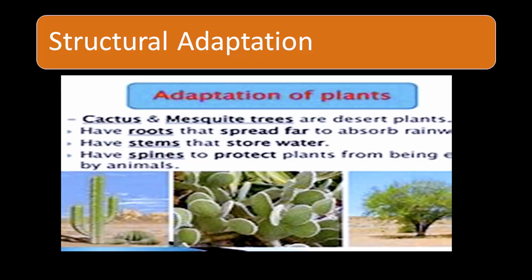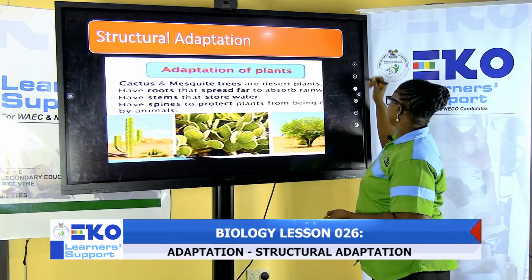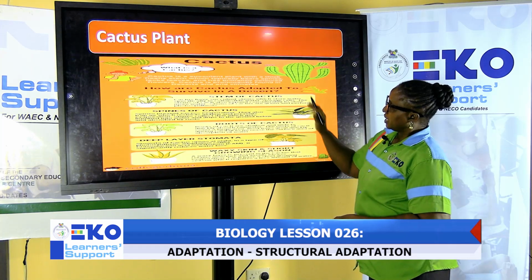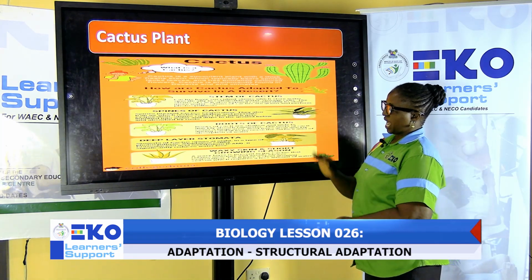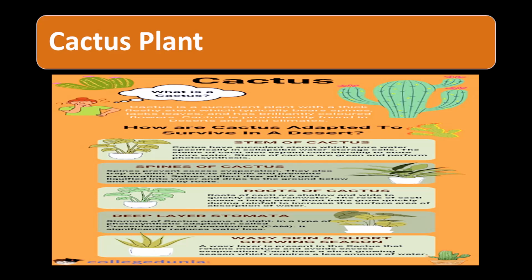Adaptation of plants. We've mentioned cactus and some of the features. Here are pictures revealing the different types of cactus. Roots, stems, and their spines, which we have already mentioned. Cactus, what do they have?